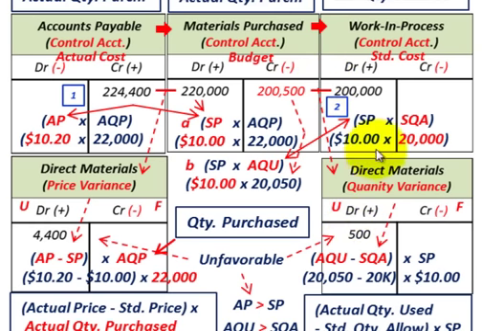And looking at it in terms of the actual quantities, the quantity that we actually used is 20,050, or 50 more than the standard quantity we allocated at 20,000. So that's how we get our direct materials quantity variance, based on quantities.